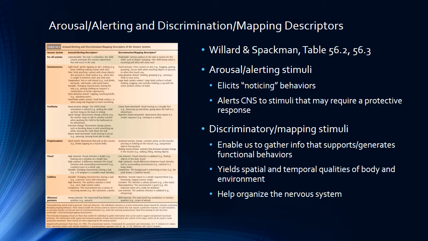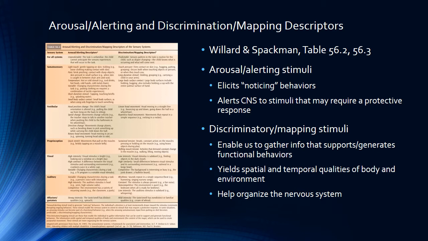It kind of alerts our central nervous system that there might be a response needed from us, and particularly a protective response. So we can think about things like fire alarms, right? This is a highly alerting and arousing stimulus, makes us notice it because we might need to respond to it.